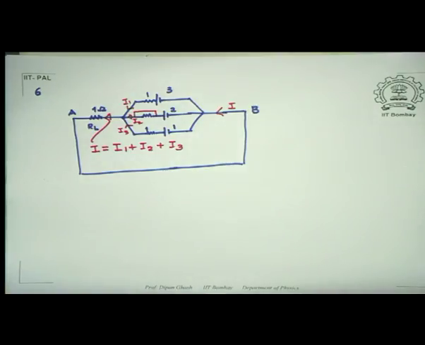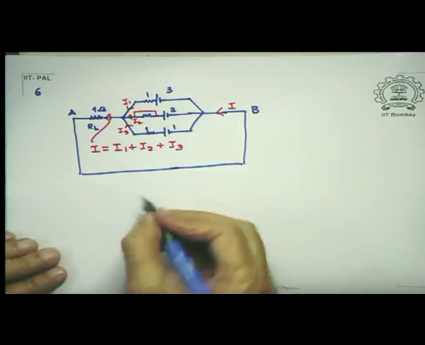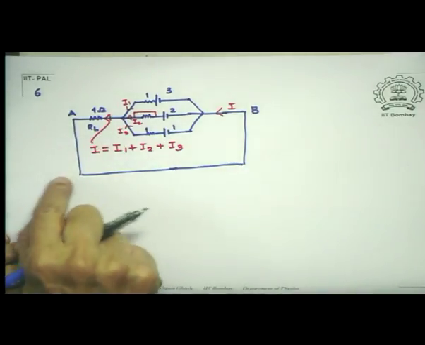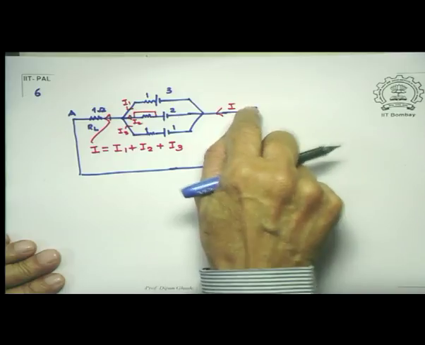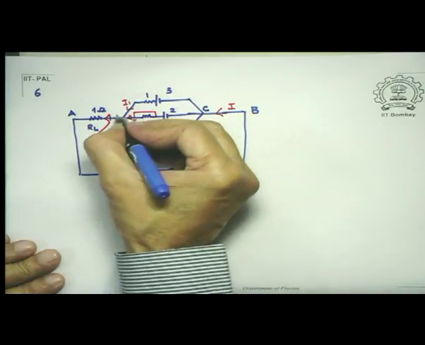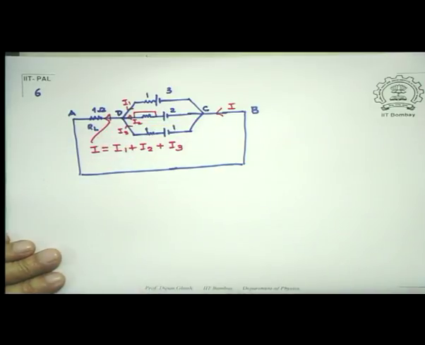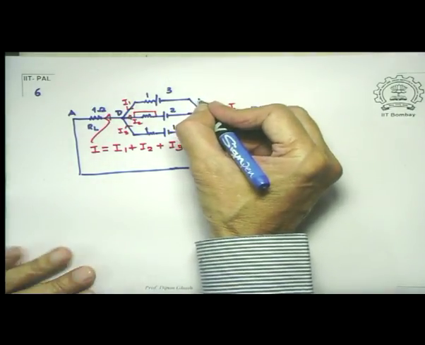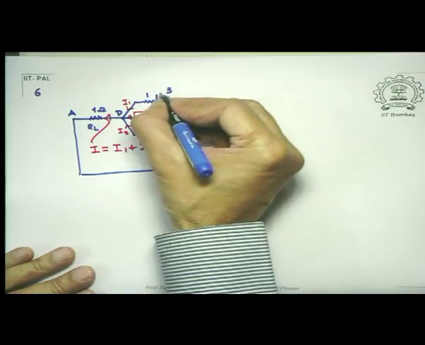Now look at what would happen if I took this path: A, go to B, go to C, go on the top line, come back to D and come back to A. That's a loop. We will be discussing loops as we go along. But look at what I am doing. Since this is I1, I pick up an E1.